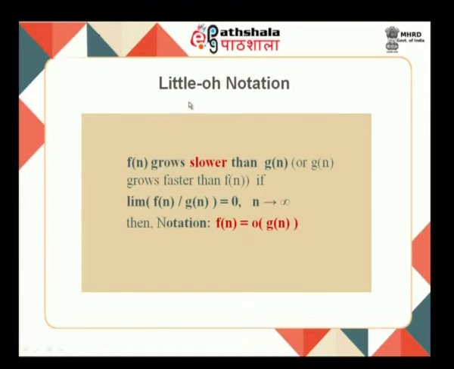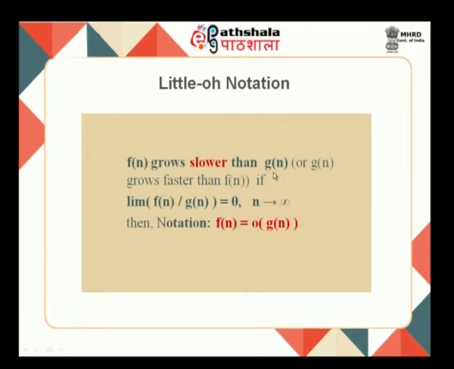We can use little o notation also. In that case, we are arguing that f of n grows slower than g of n, or we can say g of n grows faster than f of n. Then we say that f of n is small o of g of n.